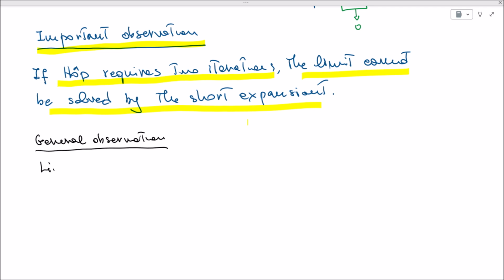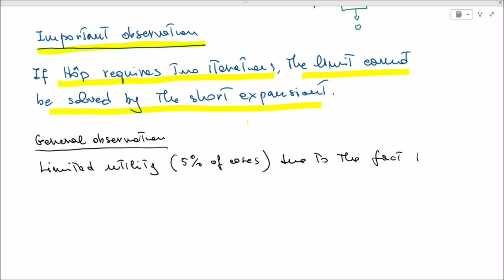Okay, so limited utility, I would say 5% of the limits, due to the fact that functions get worse by derivation.